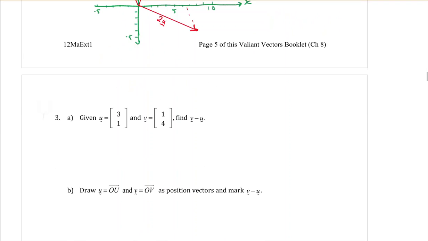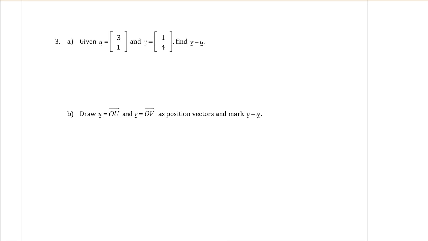Question 3. Given that this is in column vector notation, given that u is (3, 1) and v is (1, 4), we want to find vector v minus vector u. Now you can just subtract them straight out of those brackets.